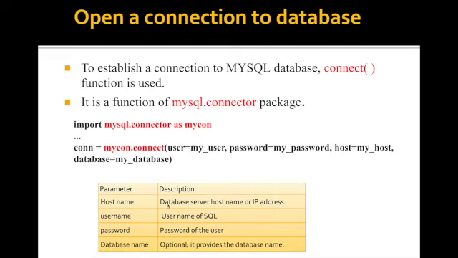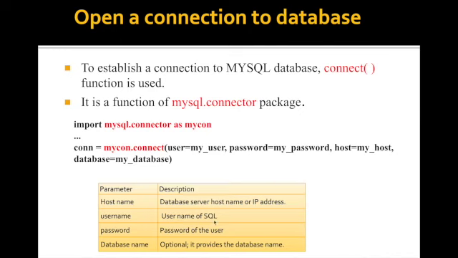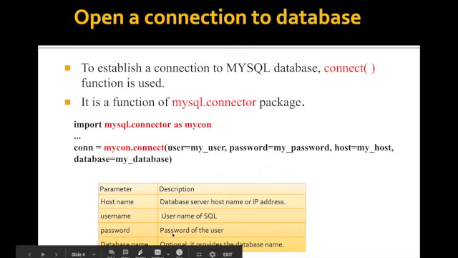The first one is host name, that is the database server host name or IP address. Normally we use localhost. The next one is username, which is the username of your SQL. Whatever username was provided for your SQL, that is the name you have to give for user. The next one is password, the password of the user.